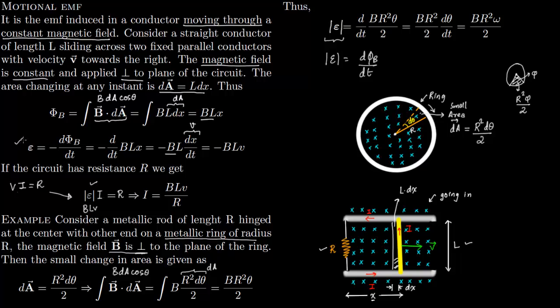The magnetic field is constant, the radius of the rod is constant, 2 is constant, so they come out, and you just get d theta by dt. Now d theta by dt you denote as angular velocity, so you put omega there. So the EMF here in such a setup is B r squared omega by 2.